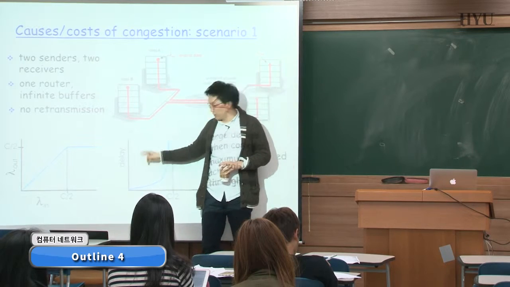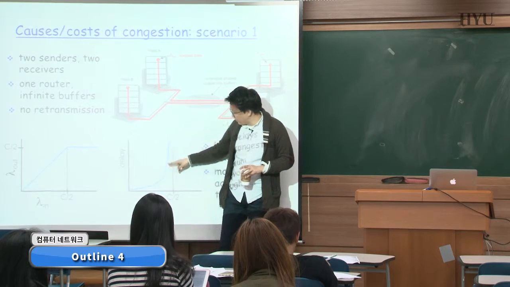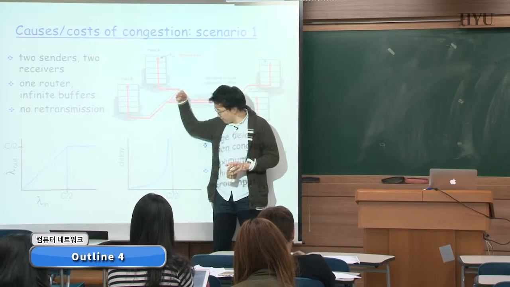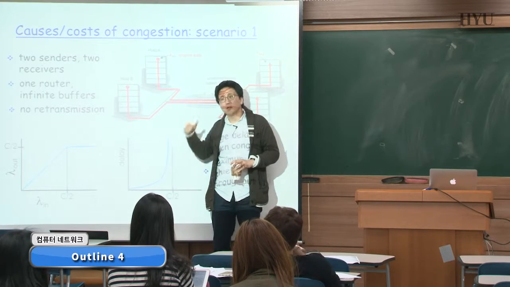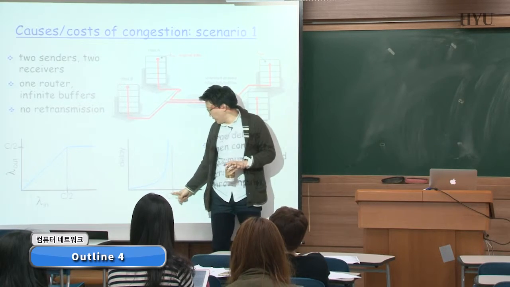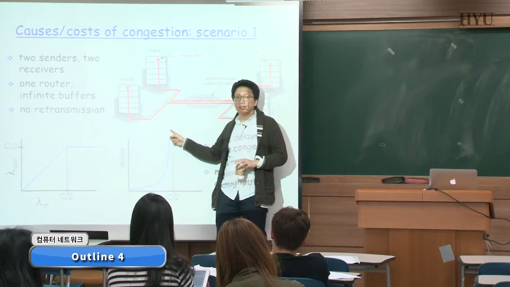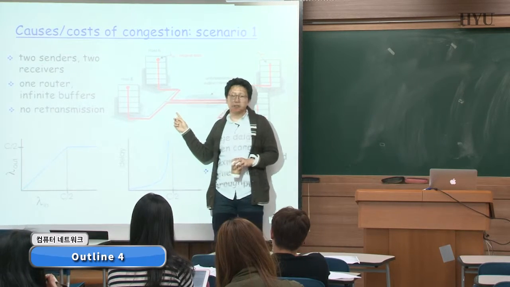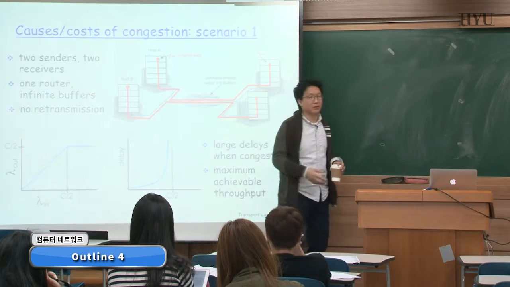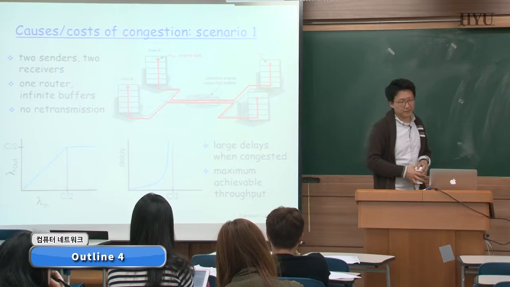So the delay from the sender side to the receiver side, when it's close to half of its capacity, will increase substantially. Right? If you think about it, that's a natural thing happening.